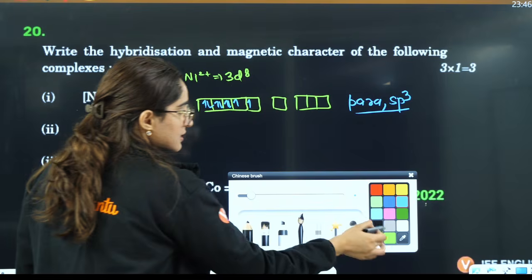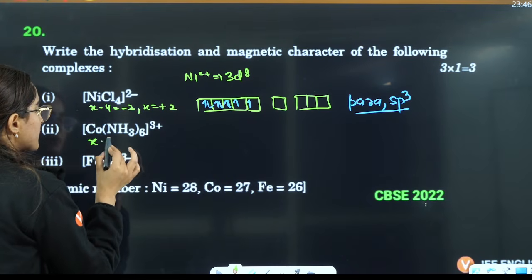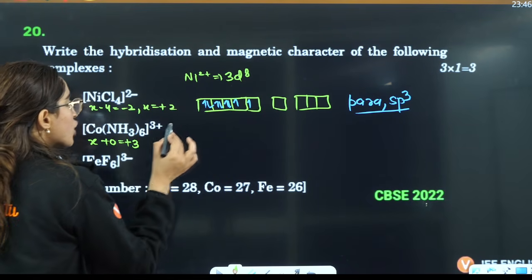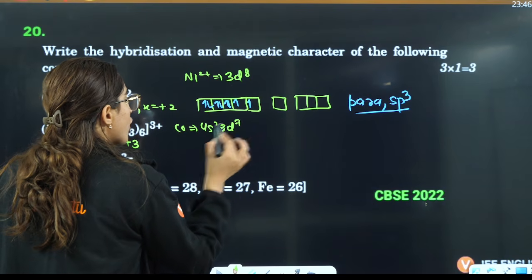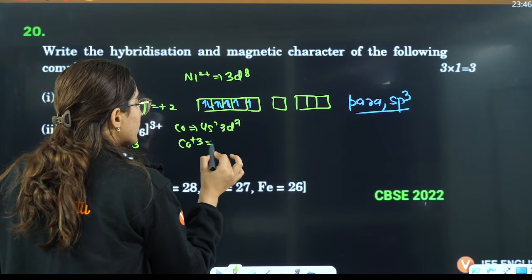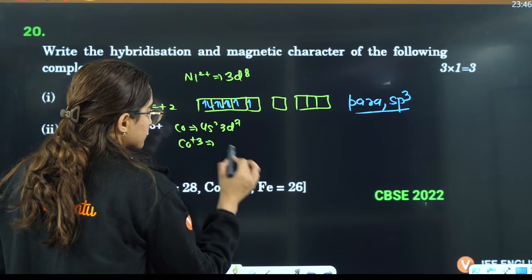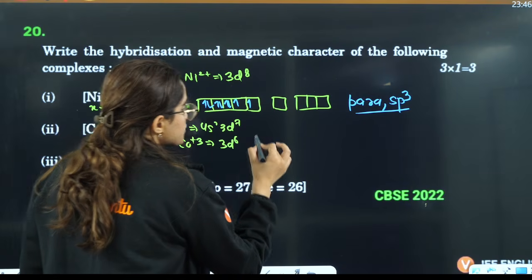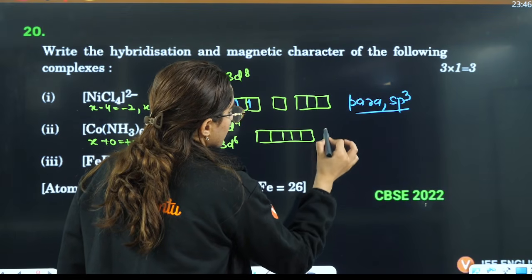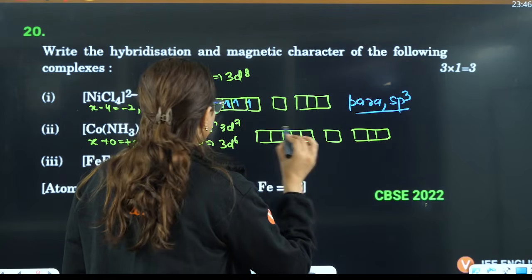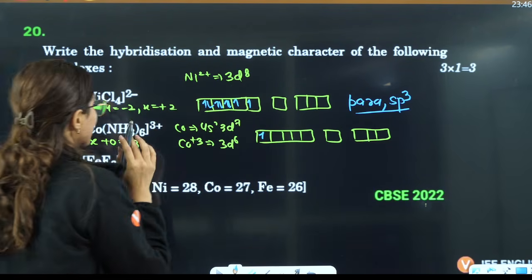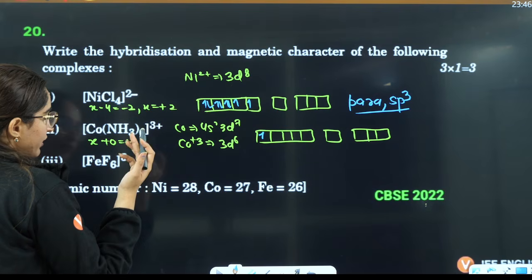Next one is this one, that is x plus 0 is equal to plus 3. So cobalt is nothing but 4s2 3d7. Cobalt plus 3 is nothing but 3d6. So in this case, NH3 ammonia is a strong field ligand here.